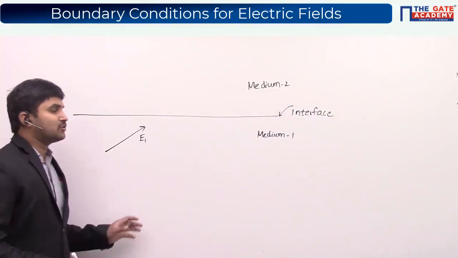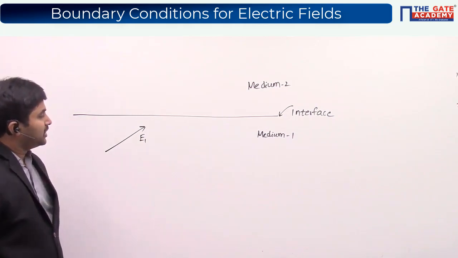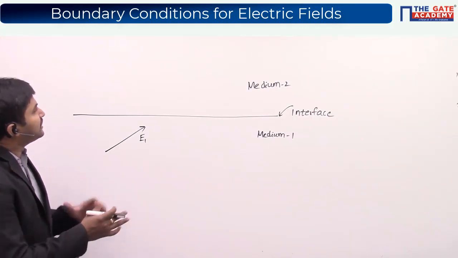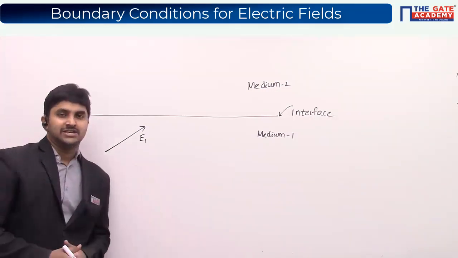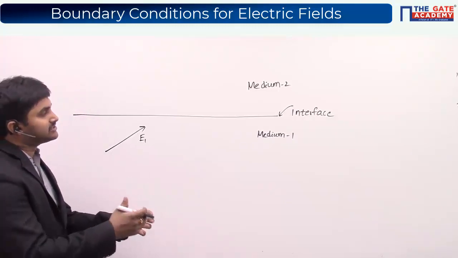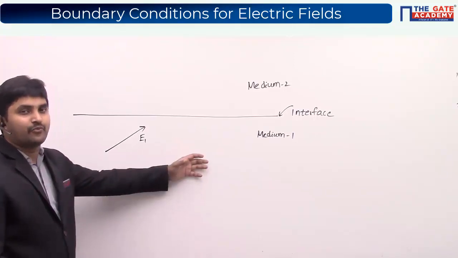Right, so please look at the board. Don't write anything. So what we are interested in here is that we know the electric fields are moving in dielectrics. Now you are interested in a situation where your electric field is moving from one medium to the other.